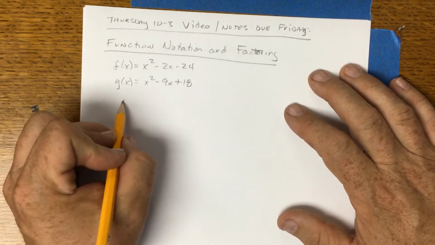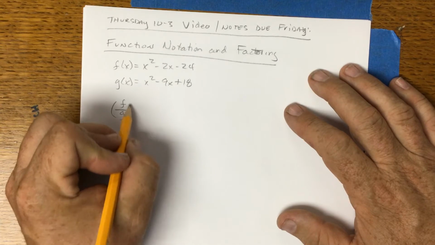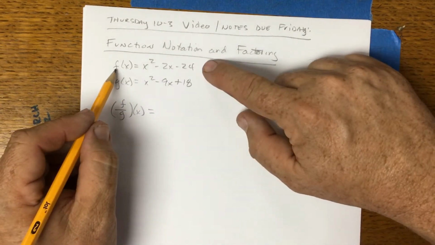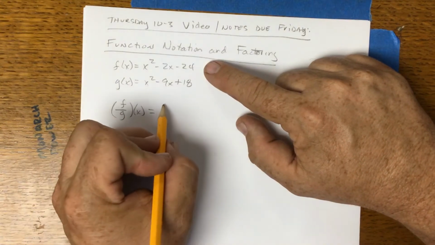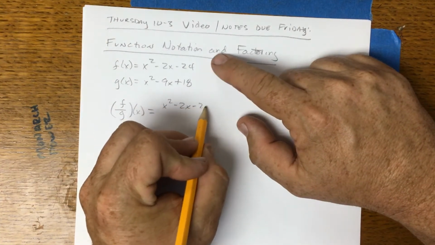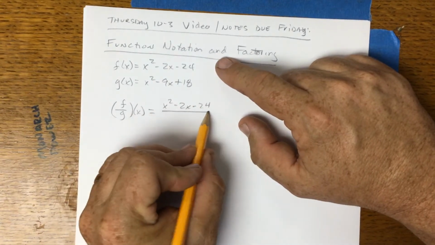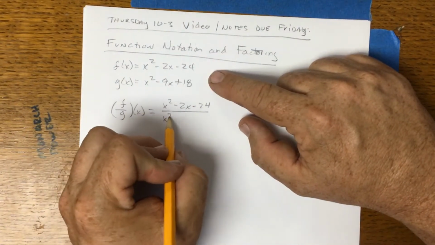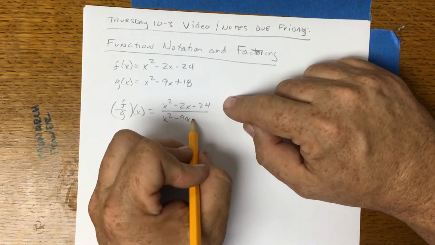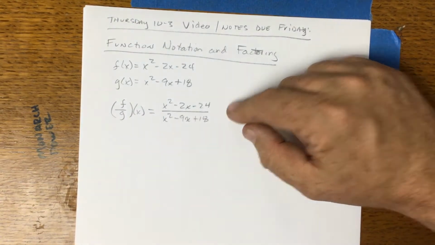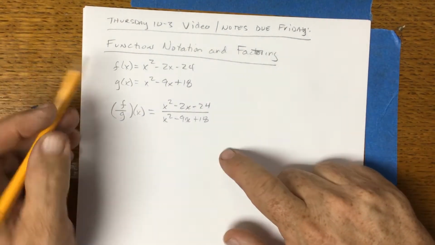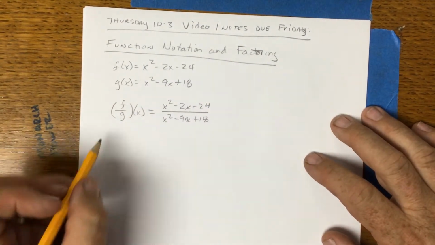So f divided by g of x. All that really means is we're going to take f and put that in the numerator on top, and g, x squared minus 9x plus 18, is on the bottom in the denominator.